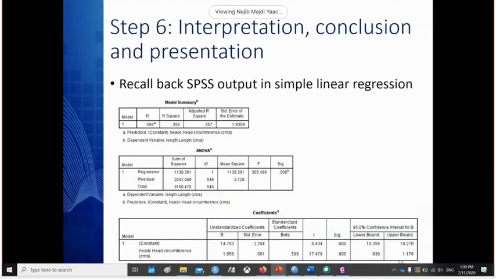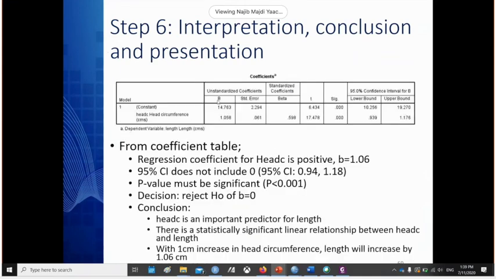Okay, so the last step is interpretation, conclusion, and also presentation of results. We need to look back at all the analyses performed previously, mainly focusing on the coefficient table. The regression coefficient for head circumference is positive.